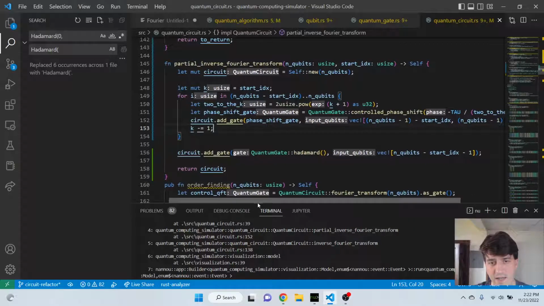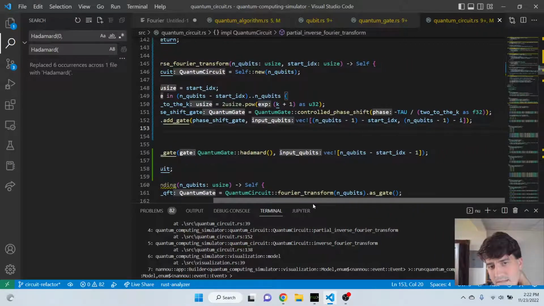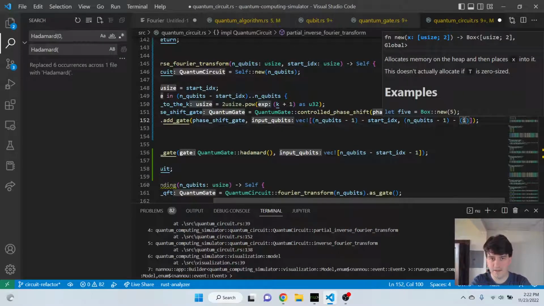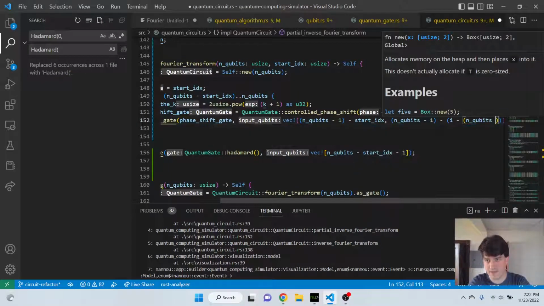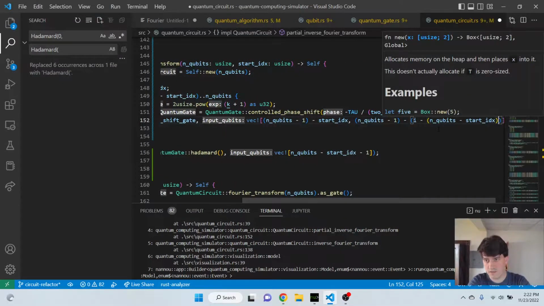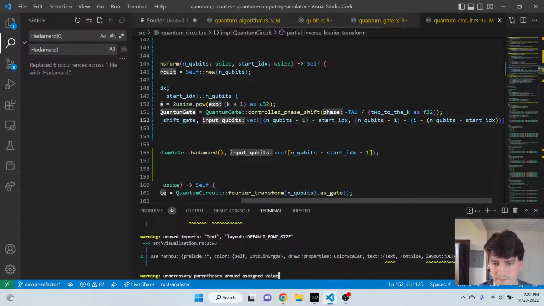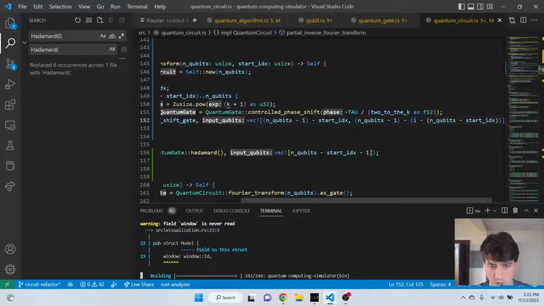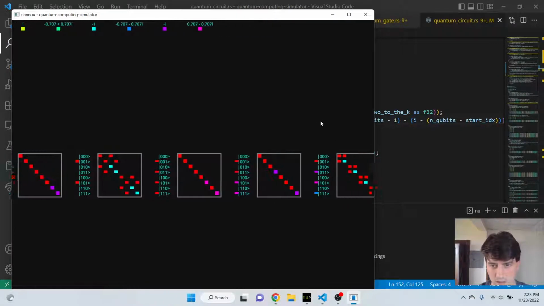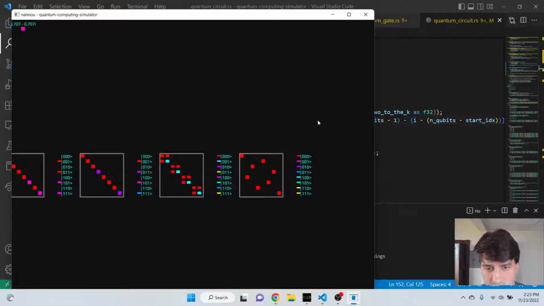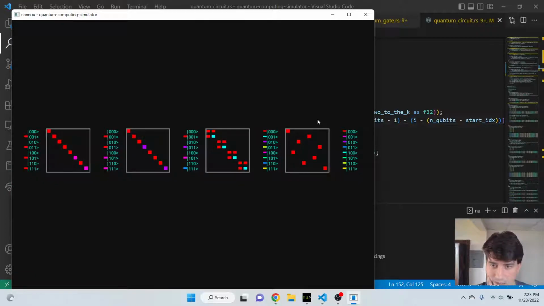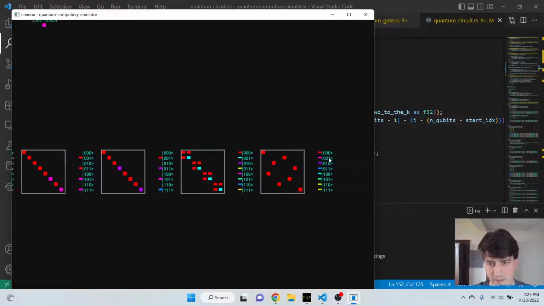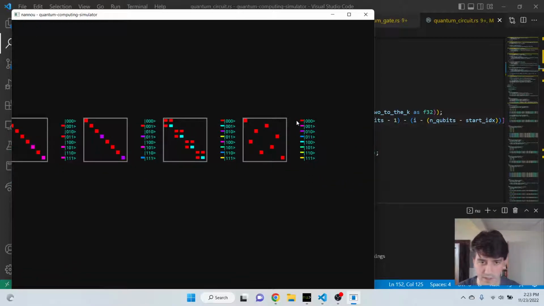But it's not from I. I need this to be I minus n qubits minus start IDX. There it is. Awesome. Okay, that's what we're looking for.